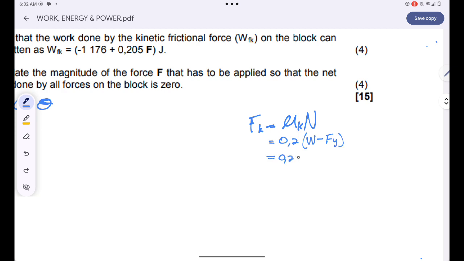So that's still 0.2 times weight, for weight, I'll say 200 multiplied by 9.8 minus F sine of 20 degrees. Okay. 200 times 9.8, what do I get? 1960 minus F sine of 20 degrees.